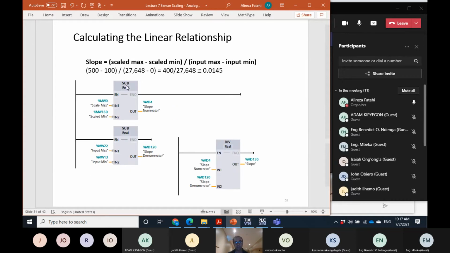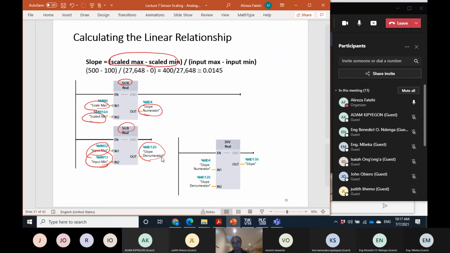Then here you see that to implement this, first we need to subtract scale min from scale max to have the slope numerator, the numerator of this formula. Similarly, input min subtracted from input max to have the slope denominator.